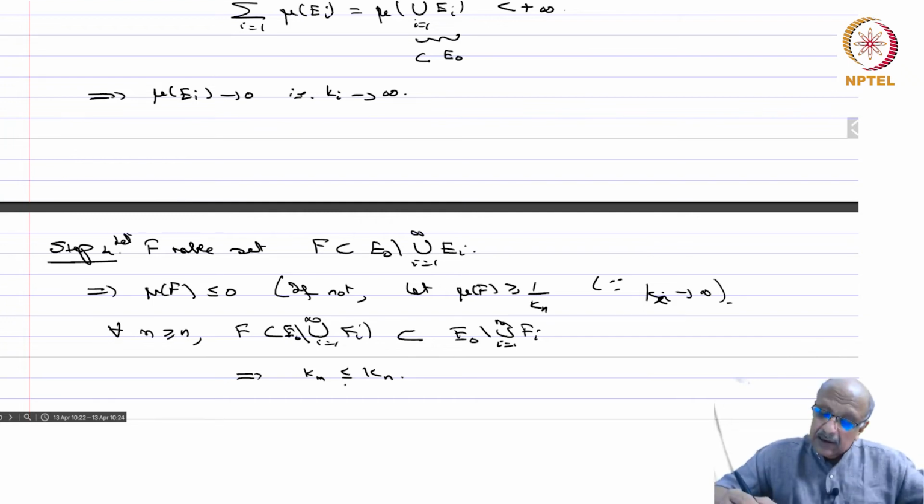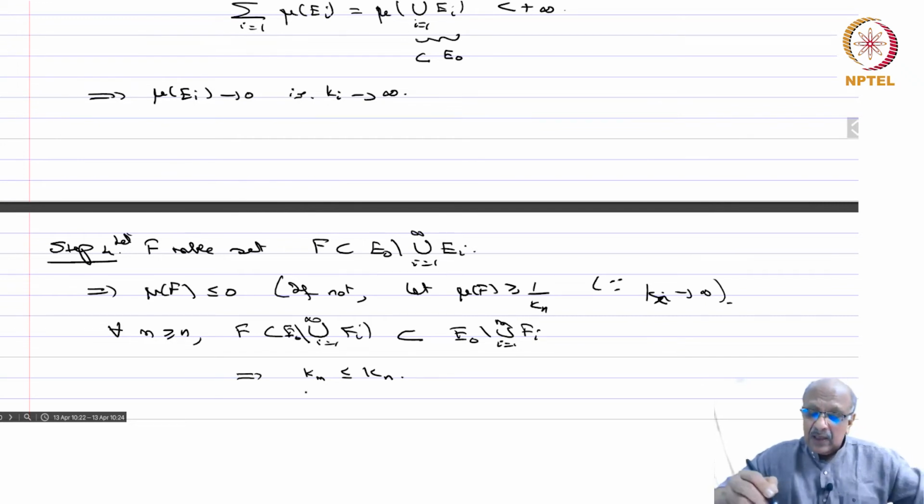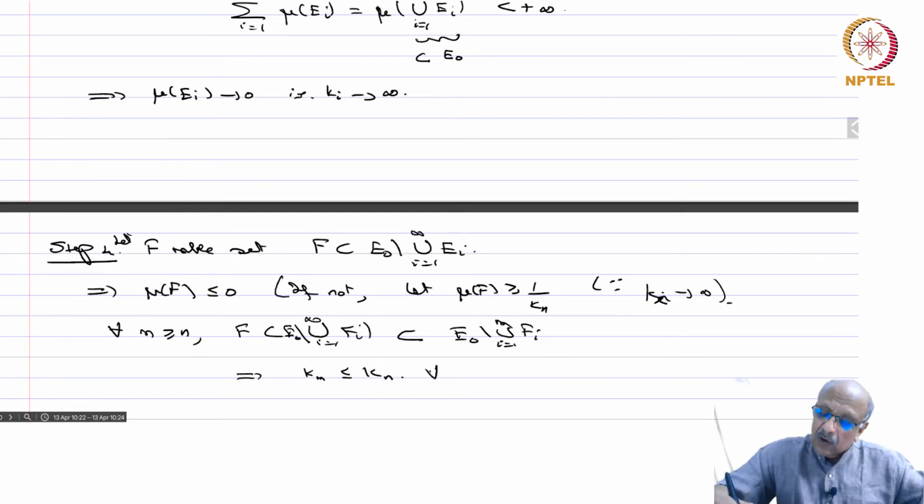But by definition, how have we chosen it? We choose Km as the smallest positive integer such that there exists a subset of positive measure greater than 1 by Km. But this is for all m greater or equal to n, a contradiction, since Kn again tends to infinity.